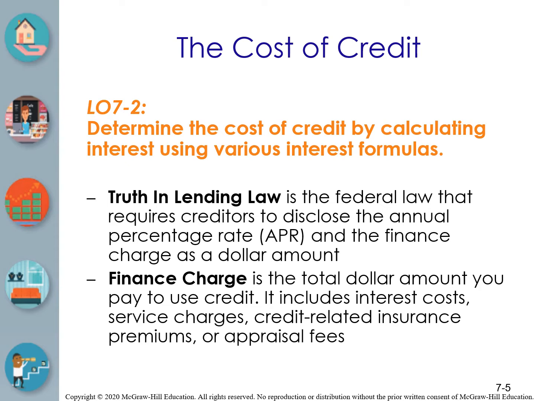Finance charges is the total dollar amount you pay to use credit. It includes interest costs, service charges, credit-related insurance premiums, or appraisal fees. And these are the things that flow into that APR that we just mentioned, okay? So there are a lot of additional costs other than the stated interest rate that you would be paying.